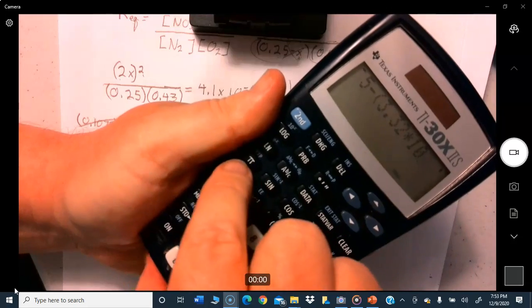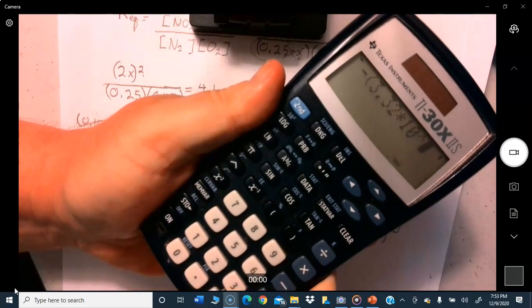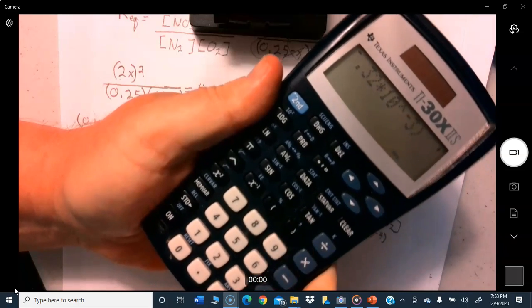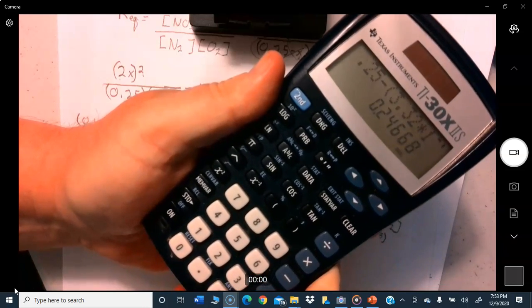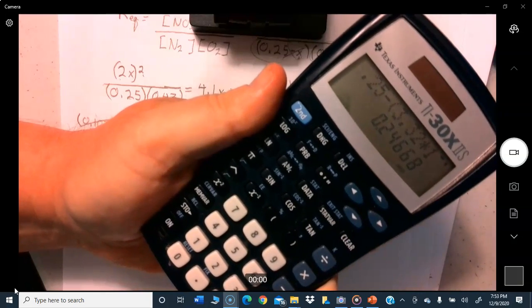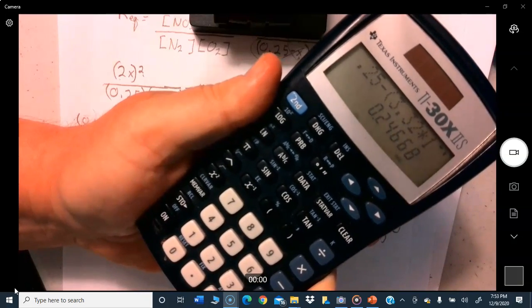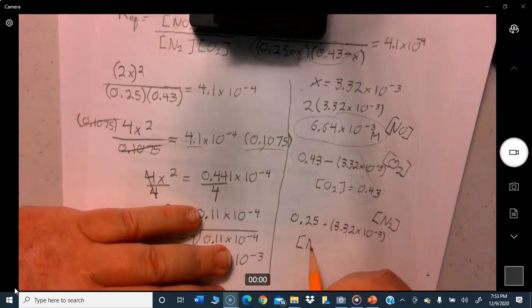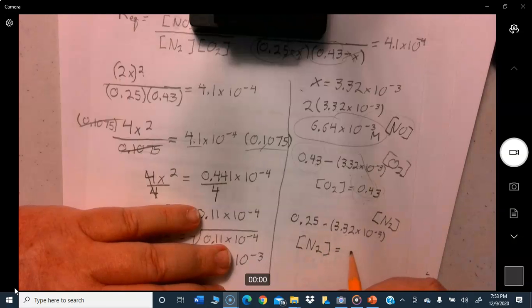Oh, I forgot to put my caret in. Okay. Negative third. And hit that. And there you see it's pretty close to 0.25. If you rounded, it's 0.25 to 2 decimal places there. Okay, so the concentration of N2 equals 0.25.